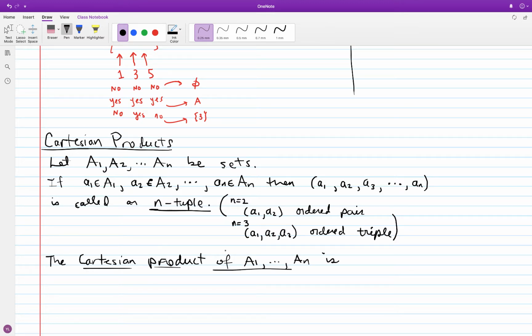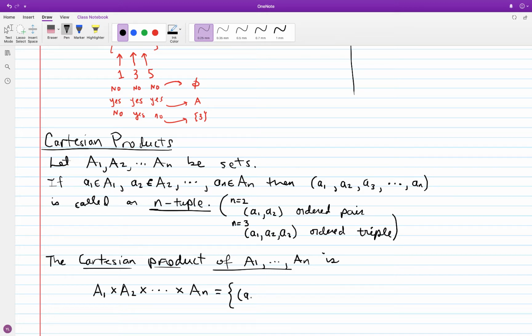First, I'll show you the notation. It's a product in some sense, so we use little times signs to represent it. It's sort of a notion of multiplication for sets. Be careful, these are not numbers or something. This is just a symbol we're borrowing from arithmetic to express something. So this is the Cartesian product of A1 to An.